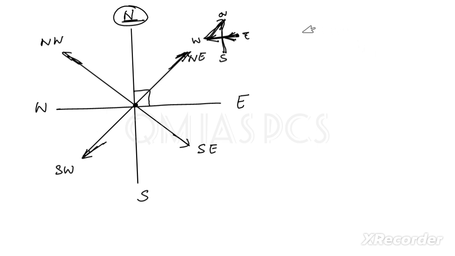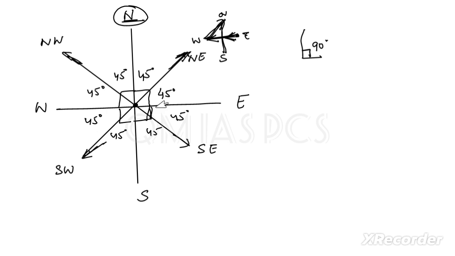If we are making this type of angle, then this is 90 degree. 90 by 2, that is 45 degree. This is 45 degree, this is also 45 degree. This is 45, this is 45. Complete is 90. This one is also 90, this one is 90, and this one is also 90 degree.